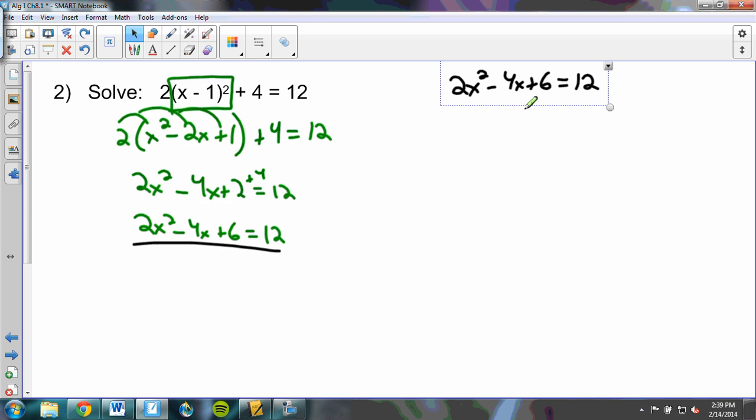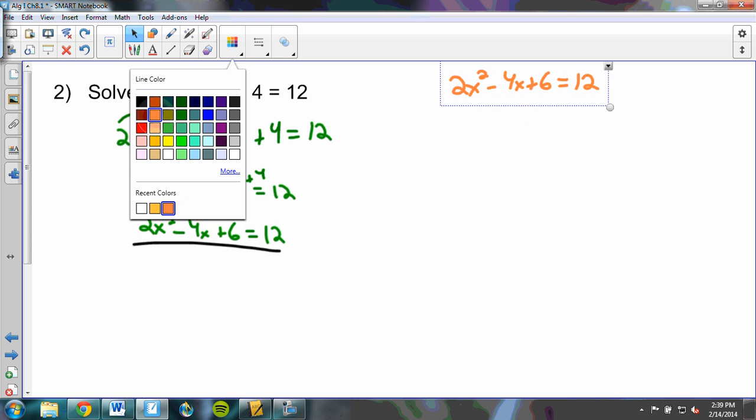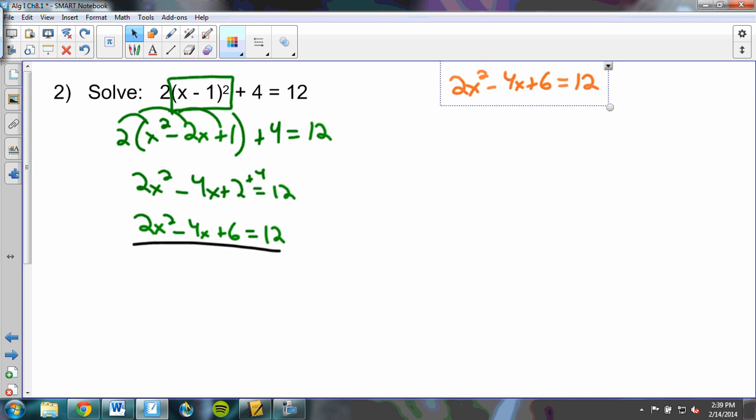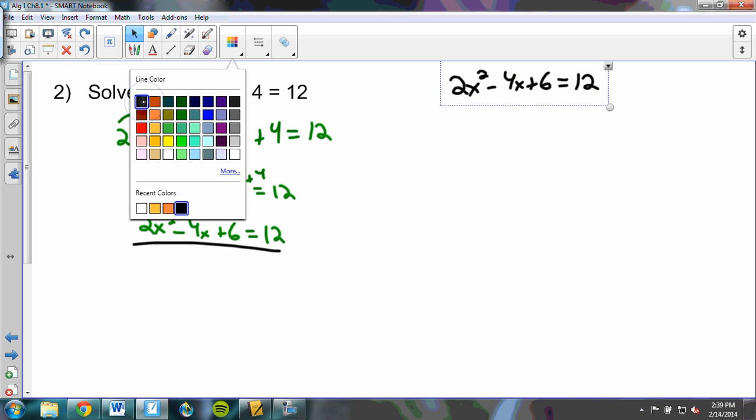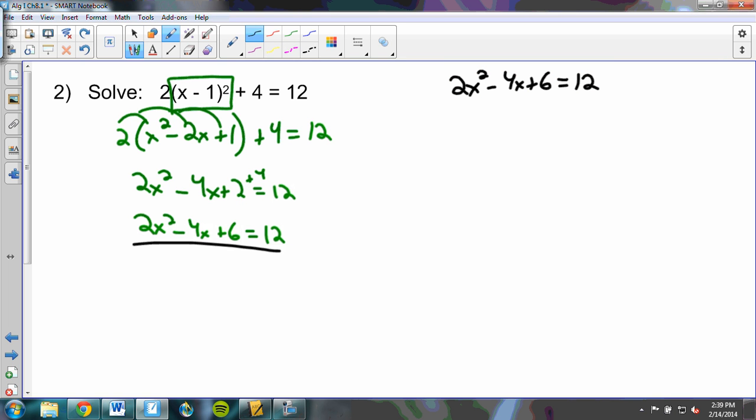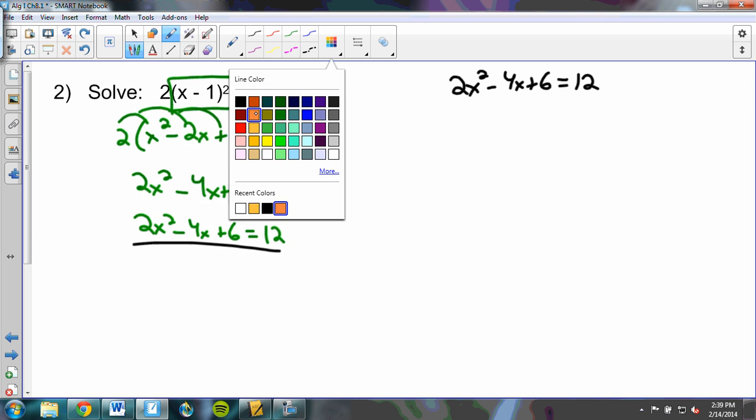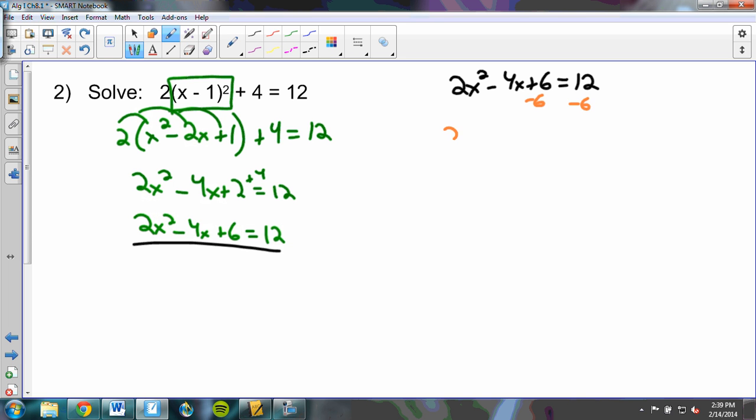We tried subtracting 6 from both sides. Excuse me, I apologize. Let's get a new pen. Let's make that new pen orange. We tried subtracting 6 from both sides, so we had 2x squared minus 4x equals 6.